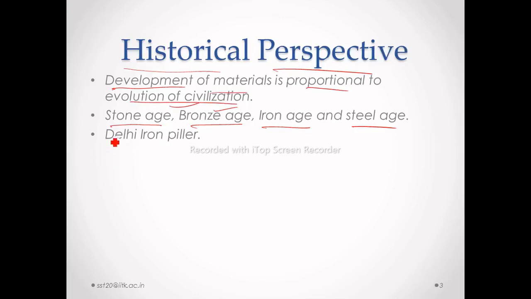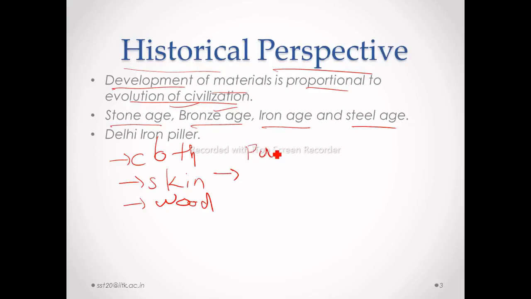Initially, human beings in the Stone Age were using cloth, skin, and wood as their materials. After that, they used pure metals and their alloys.